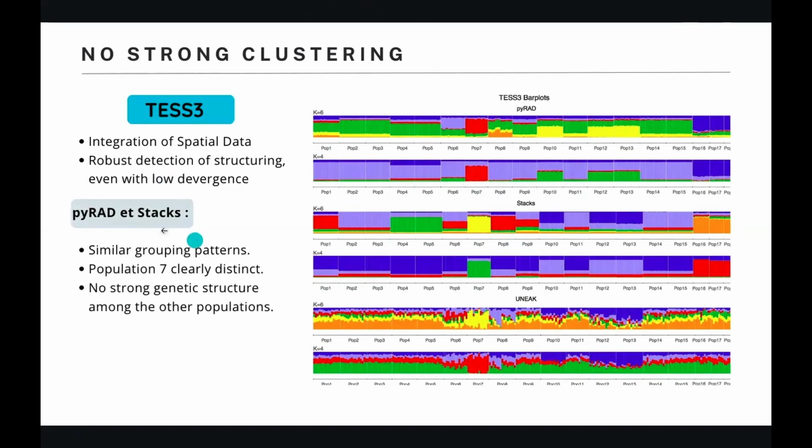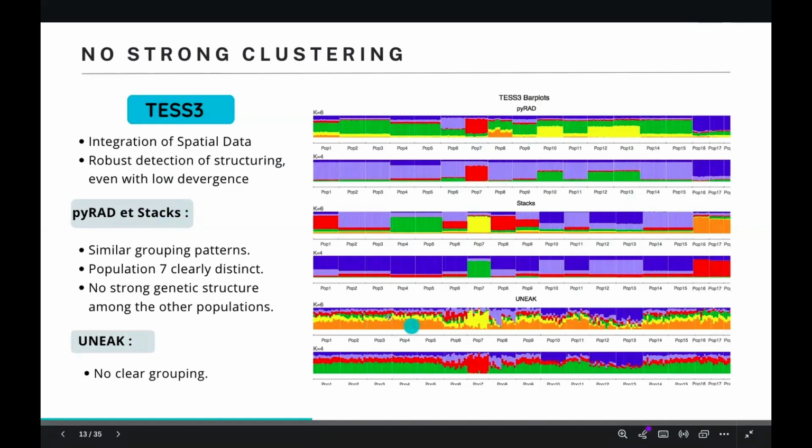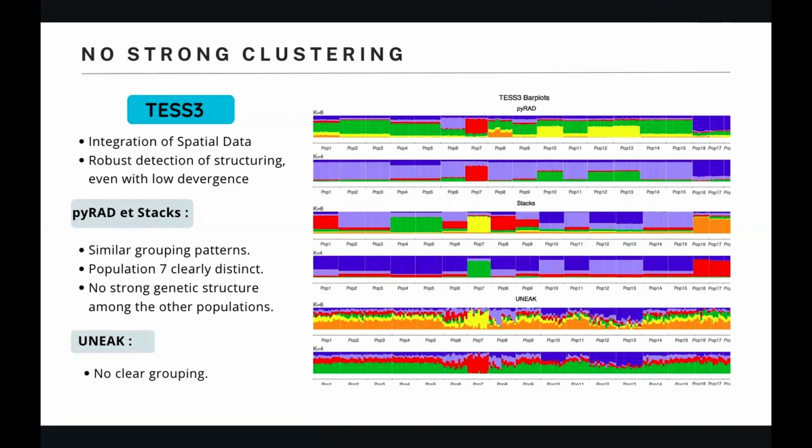For PyRAD and Stacks, we observed similar grouping with the distinction of population 7, but for the others, no really strong clustering. While for Uneak, we couldn't distinguish any clear clustering, even for population 7.